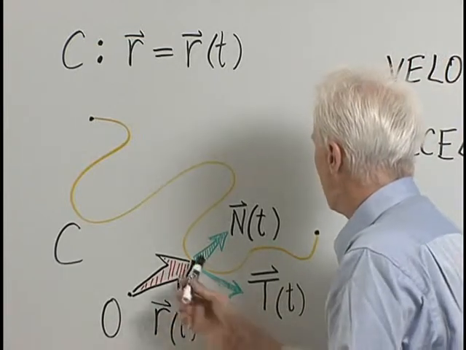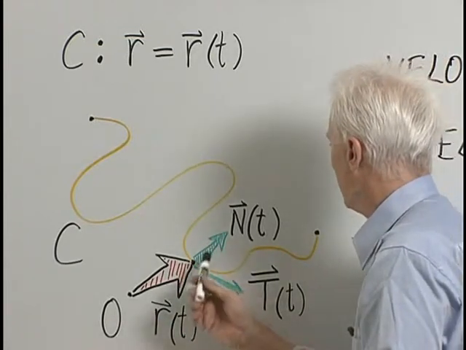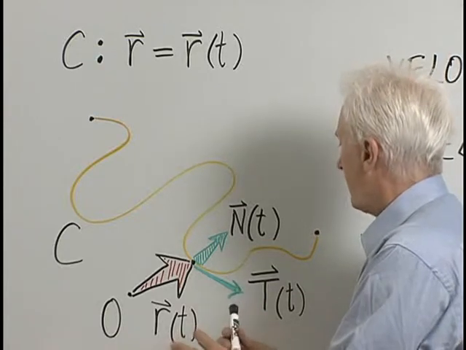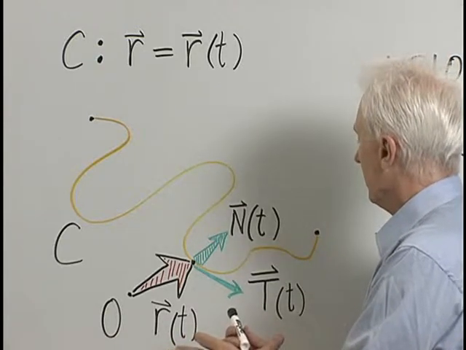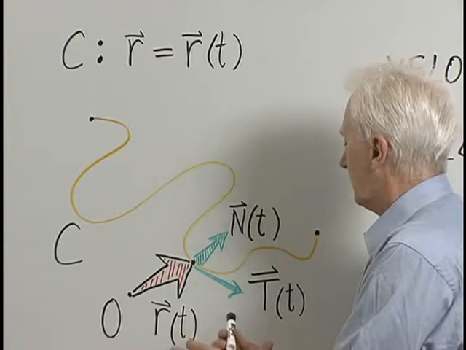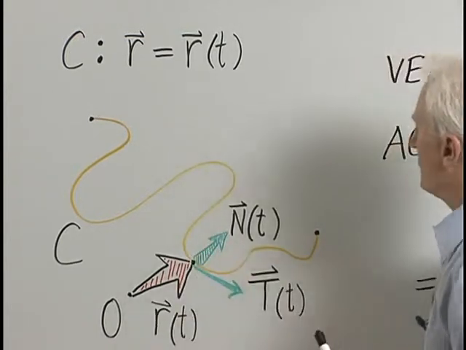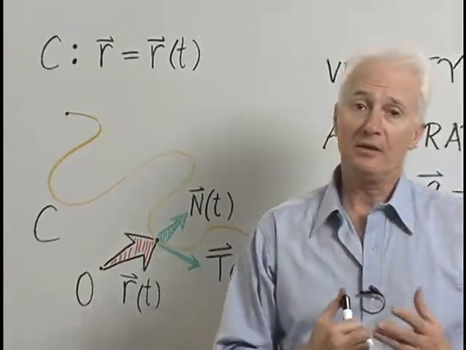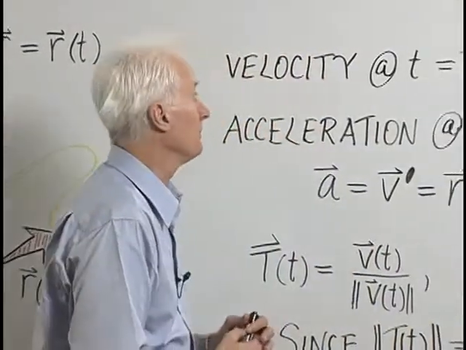And the unit tangent, of course, is tangent to the curve, and so the unit normal and the unit tangent turn out to be perpendicular to each other and are part of the description of the geometry of the curve. So what we want to do is see exactly how we make those definitions precise.